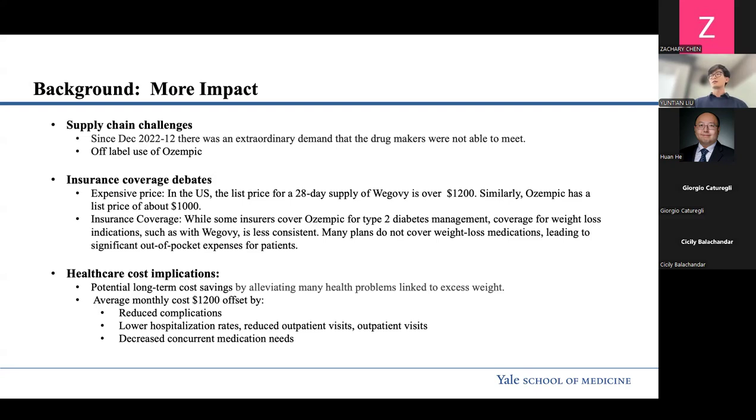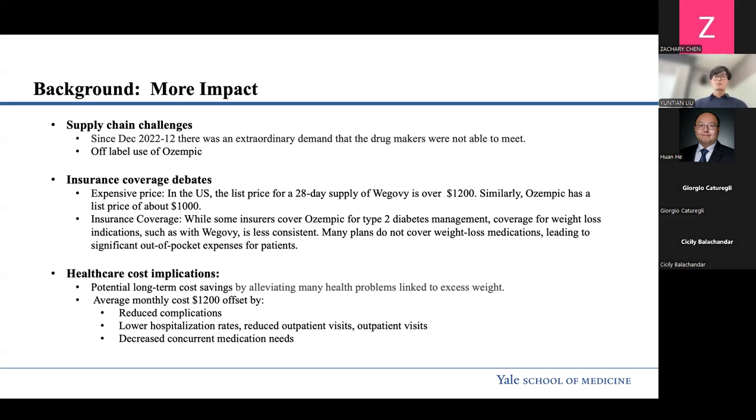So when the weight loss semaglutide was out of stock, people went for Ozempic, which is actually for diabetes. And when Ozempic was also out of stock, then they went to the black market for semaglutide. There's also a huge debate going on about insurance coverage on these drugs.